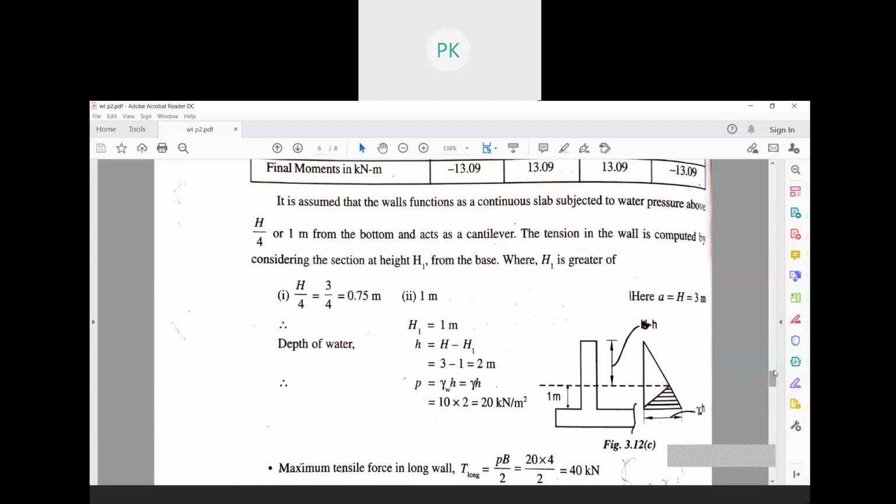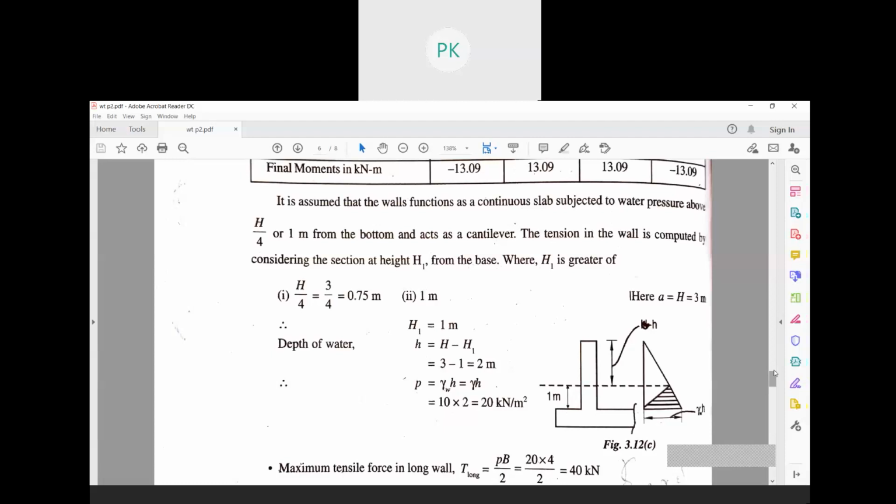Therefore the depth of water, as we all know, h minus h1, so it will be for a height of 2 meter from the top. So this portion will be acting as a cantilever. The bottom 1 meter portion will be acting as a continuous slab. So to calculate the pressure, or we can also call it a stress value, P is equal to gamma h.